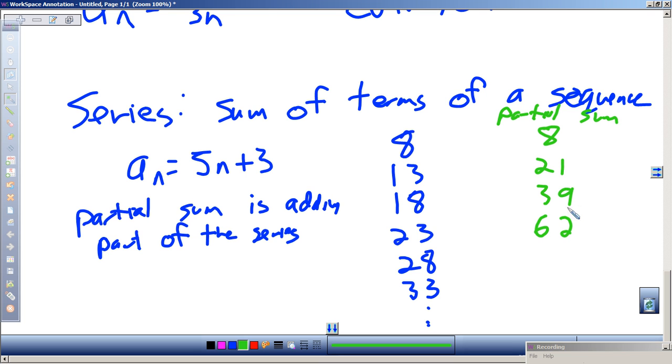Okay? So when you talk about the partial sum, we just add up all the numbers up to it. So this would be the first, second, third, fourth, and let's do fifth as well. Fifth partial sum, 62 plus 28, 90.